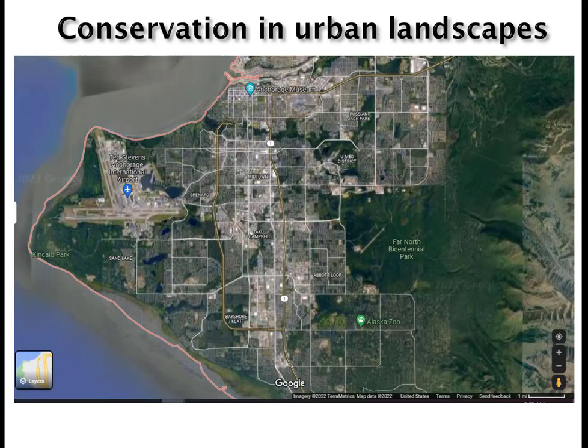So conservation in an urban landscape gets pretty complicated, but we have to be able to look at it and evaluate the value that these different areas can have. And I think Anchorage makes a really interesting example of it. This is an aerial image of Anchorage.